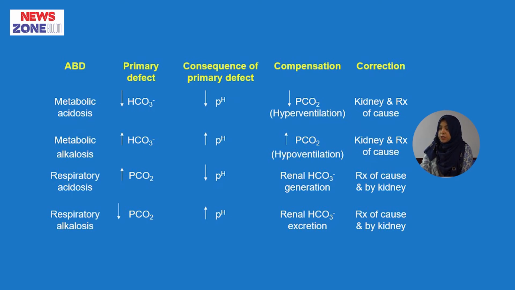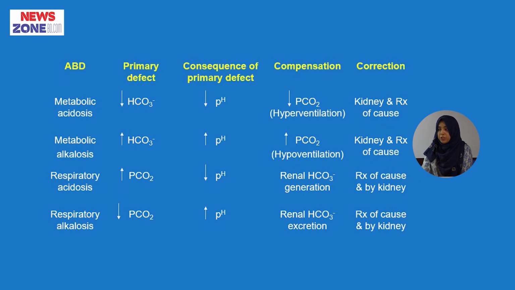Metabolic alkalosis: the primary defect of metabolic alkalosis is increase of bicarbonate ion. The increased bicarbonate ion tends to increase the pH. To maintain the pH in the normal range, we have to increase the partial pressure of carbon dioxide. This is the compensation. How can we increase the partial pressure of carbon dioxide?